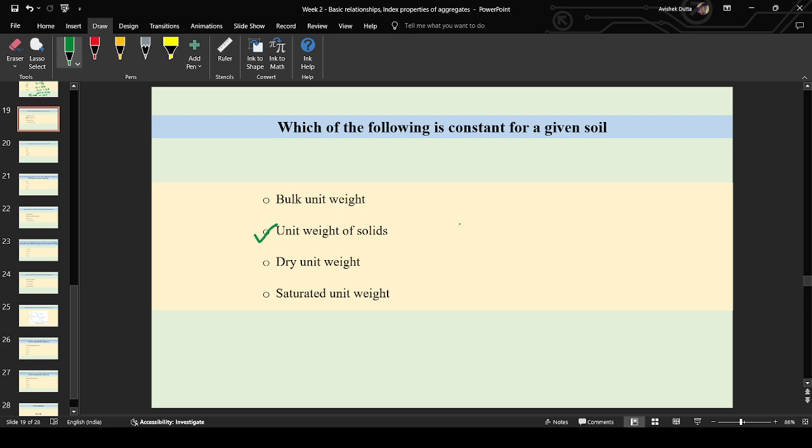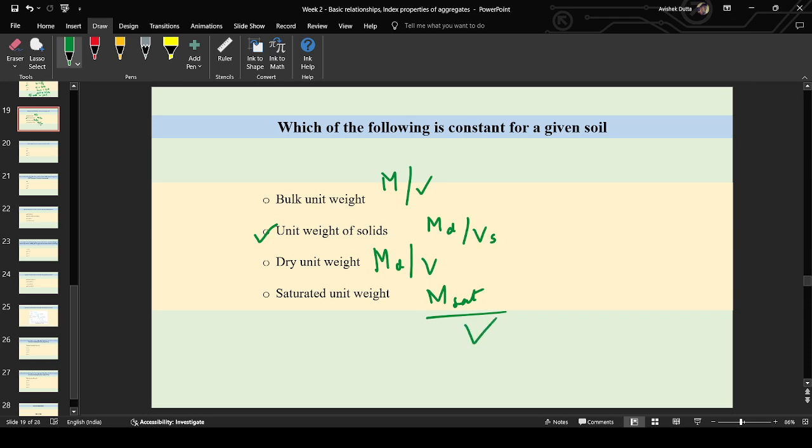Yes. The definition of this one is dry mass divided by volume of soil solids. Now, the definition of bulk unit weight. What is it? Mass by volume, simply. Definition of dry unit weight. MS or MD, same thing, both the same. Yes, yes. By V. Saturated unit weight, mass of saturated soil divided by total volume.